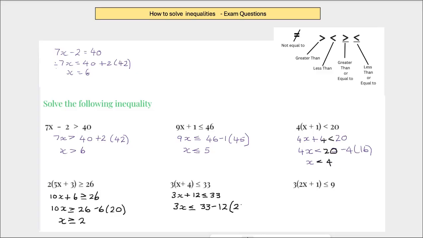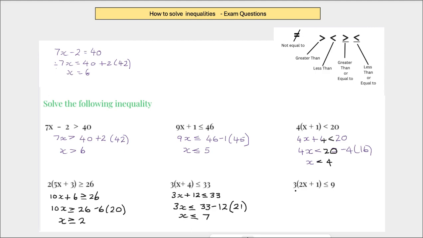Becomes 21. And the reason I put these in my answer in brackets is just to separate it. Otherwise it can get mixed up. I just think it's nice and easy, a lot more tidier. Good for the old brain. So 3 divided into 21 is 7. So it's saying that 7 is less than or equal to x.